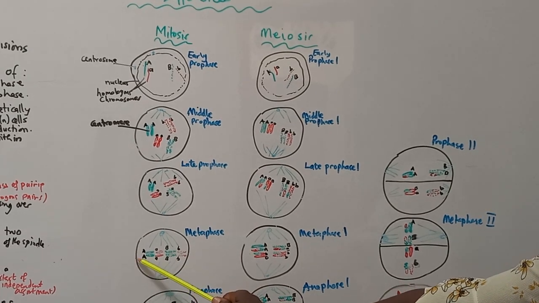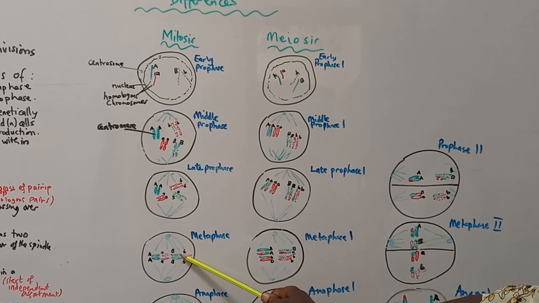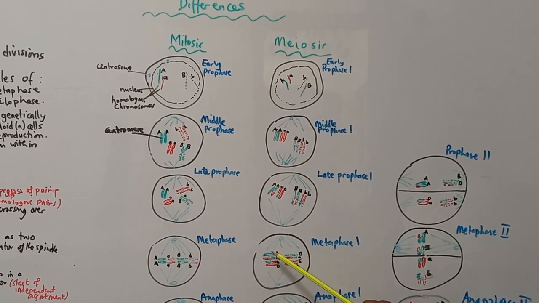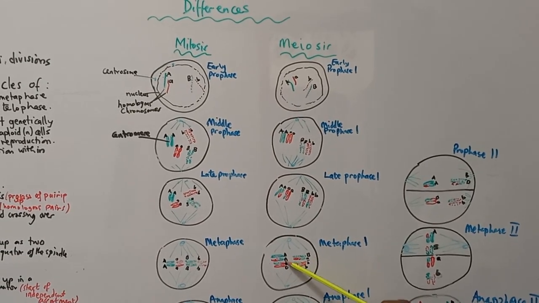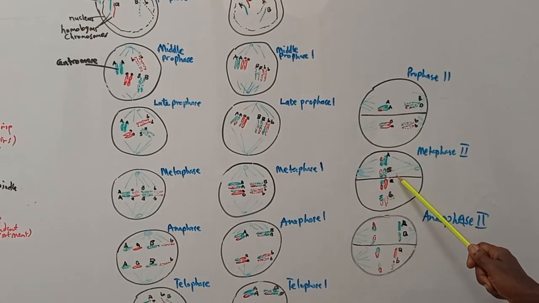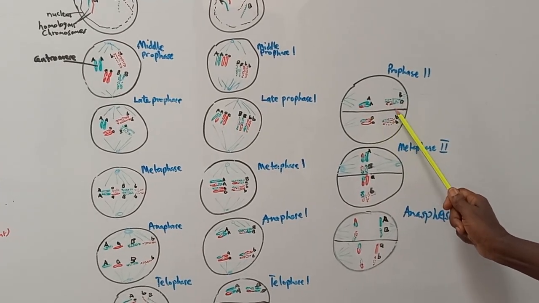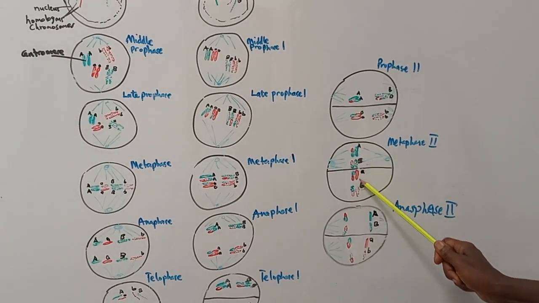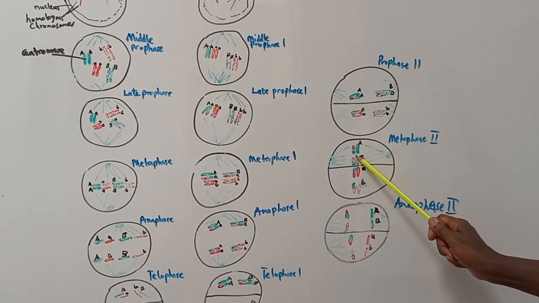In mitosis, metaphase, the chromosomes line up at the equator. At metaphase 1 in meiosis, the bivalents pair up at the equator in 2 rows. But in metaphase 2, look at these chromosomes. In metaphase 2, the chromosomes line up in a single line at the equator.